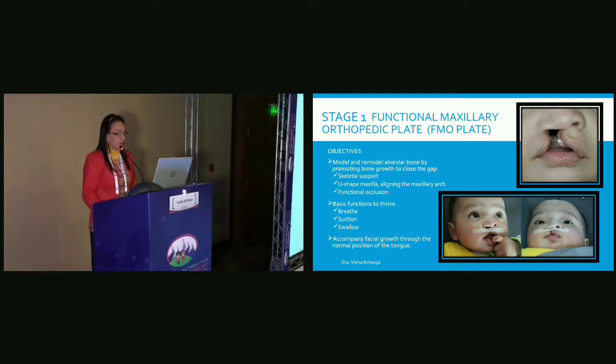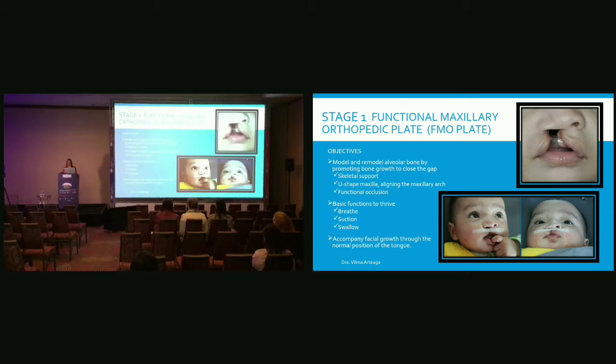The main goals are to model and remodel the alveolar bone, promoting the bone growth and closing the gap. And with this, we would give the soft tissue the skeletal support needed before the primary surgery.